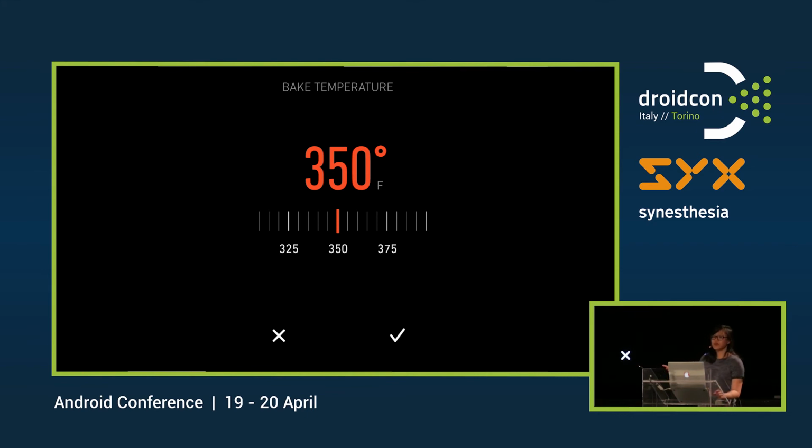Every time the user scrolls past those numbers, we want to play a sound on the scale. So the experience we wanted was that you would flick the slider, and it would be the same experience as if you were putting your hands over a piano and just playing the scale like that. This was difficult because now we have to play multiple sounds at the same time, which Media Player doesn't support at all, because you can only play one file at a time with Media Player.